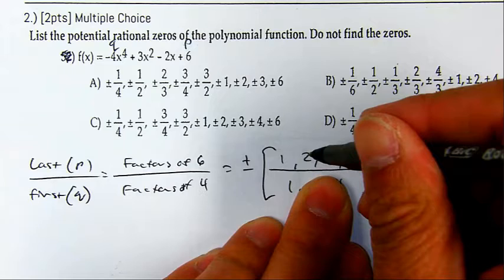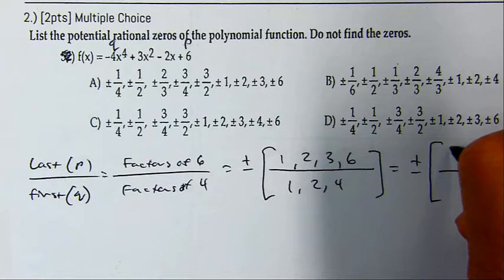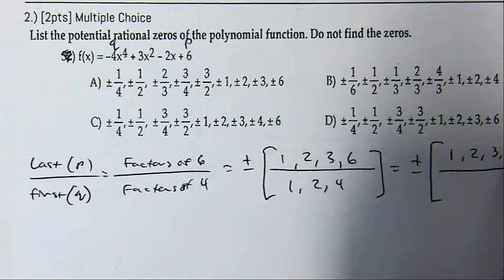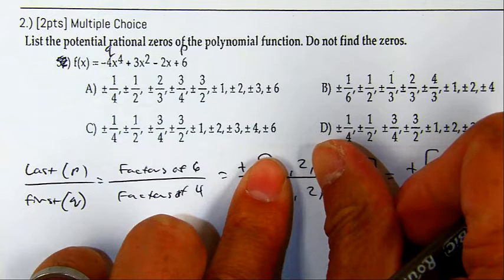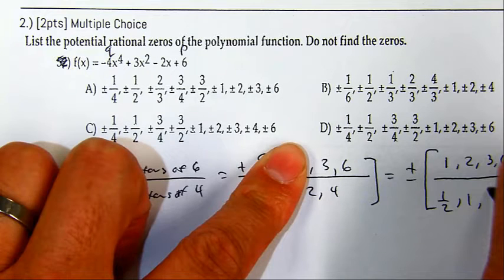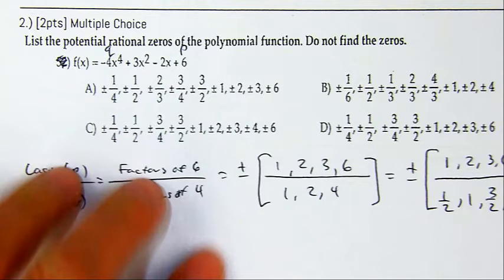So that's just going to be 1, 2, 3, and 6. And then you have the 2's, so you have 1/2, 2 over 2, which is 1, and then 3 over 2, and 6 over 2, which is 3.